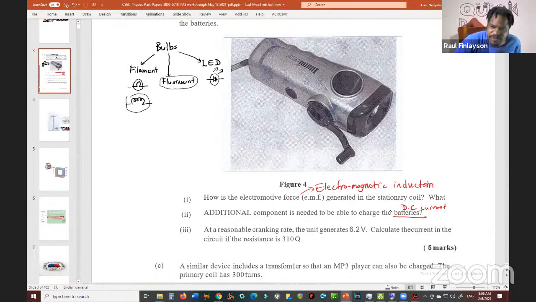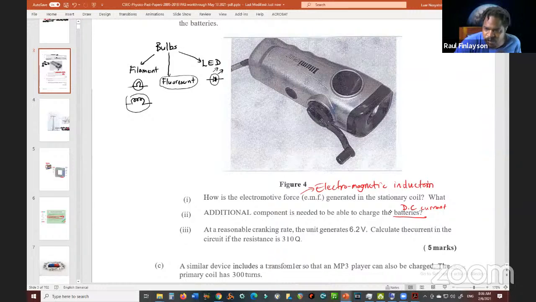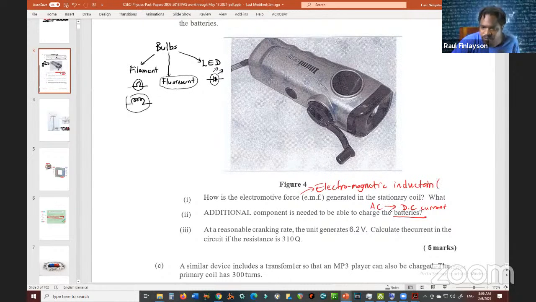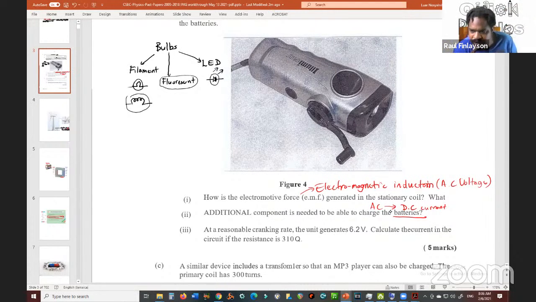They're looking for the device that can convert the AC to DC, the additional component to charge the batteries. So what device converts AC to DC? Because electromagnetic induction produces AC voltage, and you need a device to convert AC to DC.